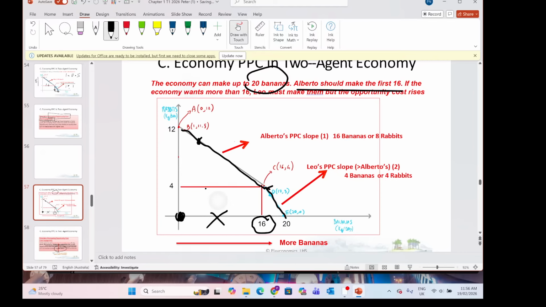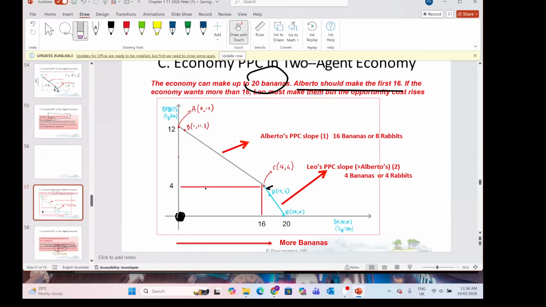Let's call that 8 bananas. If this economy wants 8 bananas, what happens here is Alberto produces these 8 bananas and then uses the rest of his time chasing rabbits. But that's not an efficient use of his time to do that, because he now pays a higher opportunity cost. So we can choose to produce anywhere we like along this line.